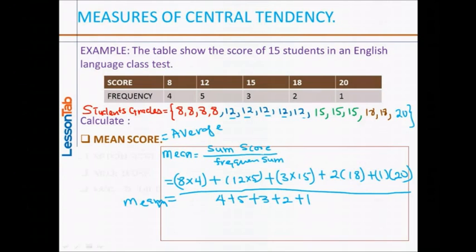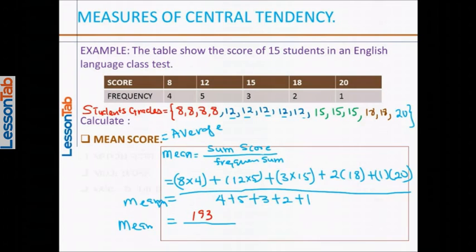Let's do further simplification here. When you do the calculation for the numerator, what do you get? Let me change my ink color. You will get 193.